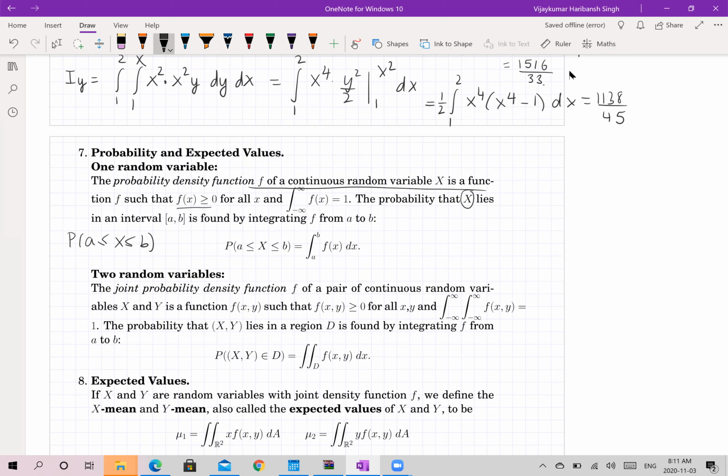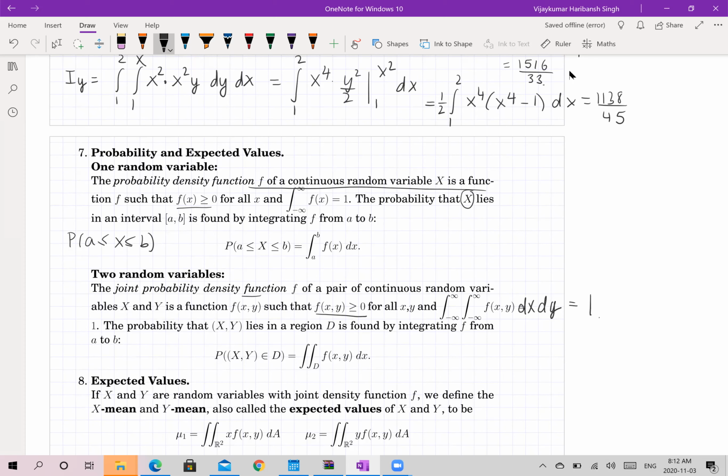So this is what the probability density function is for a random variable x. Now suppose you have two random variables x and y, then we need to talk about the joint probability density function. The joint probability density function of a pair of continuous variables x and y is a function f of xy such that f of xy is greater than or equal to 0 still. And what you have is the integral from minus infinity to infinity of f of xy dA, or dx dy if you want to write, should be equal to 1.